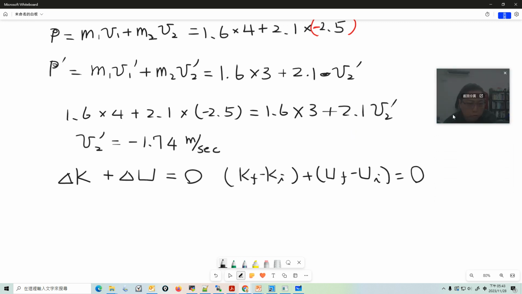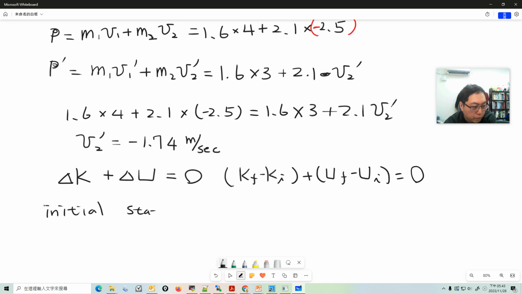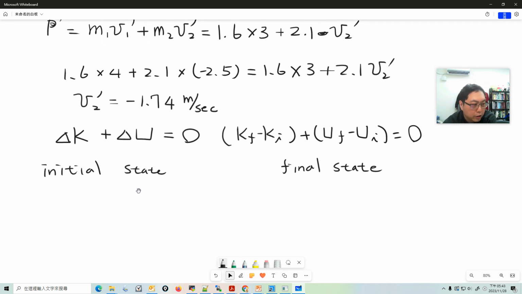And so we have to list the information for our initial state and final state. Initial state, what's our kinetic energy?